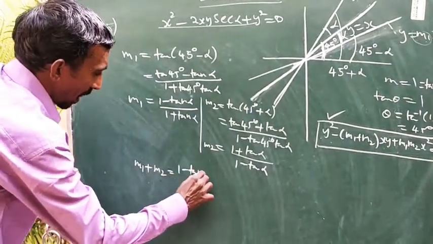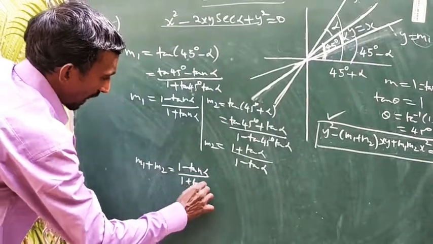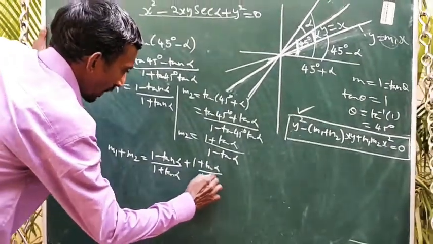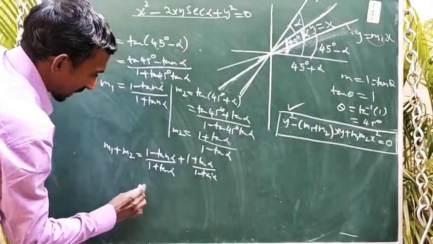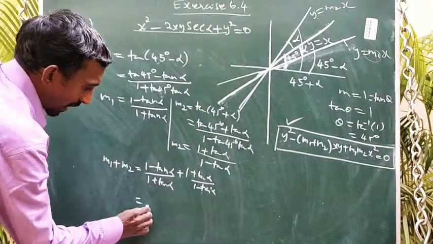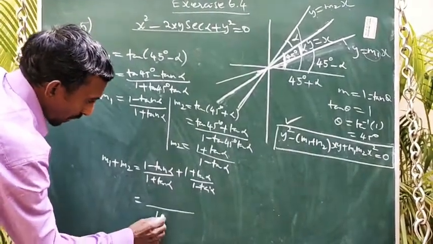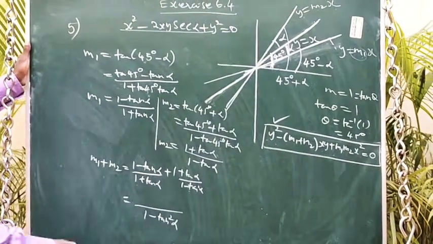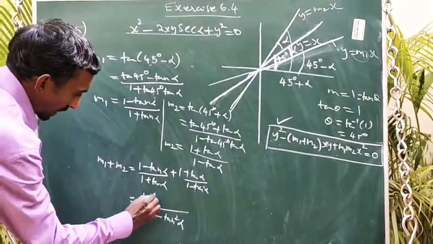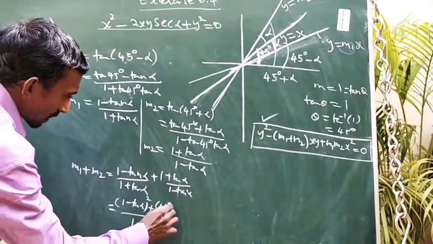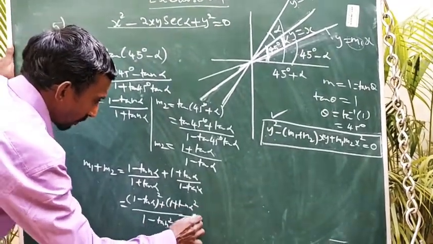(1 minus tan alpha) by (1 plus tan alpha) plus (1 plus tan alpha) by (1 minus tan alpha). So take the LCM. Denominator: (1 plus tan alpha) into (1 minus tan alpha), a plus b into a minus b, so 1 minus tan square alpha, a square minus b square. The numerator is (1 minus tan alpha) the whole square plus (1 plus tan alpha) the whole square.